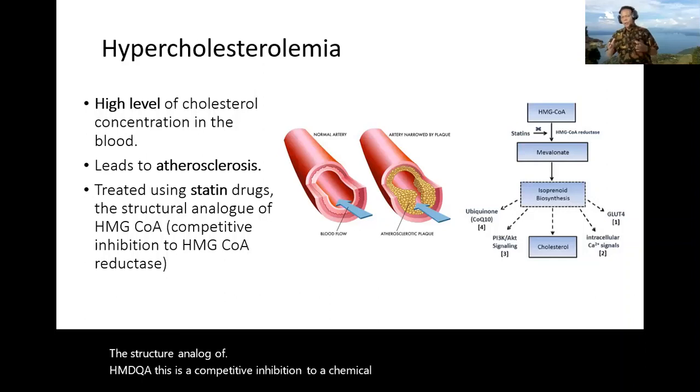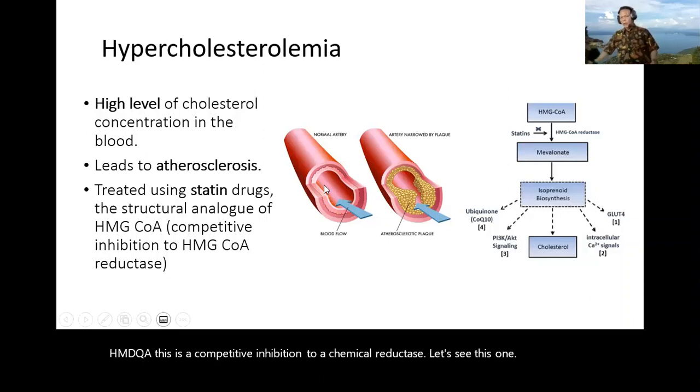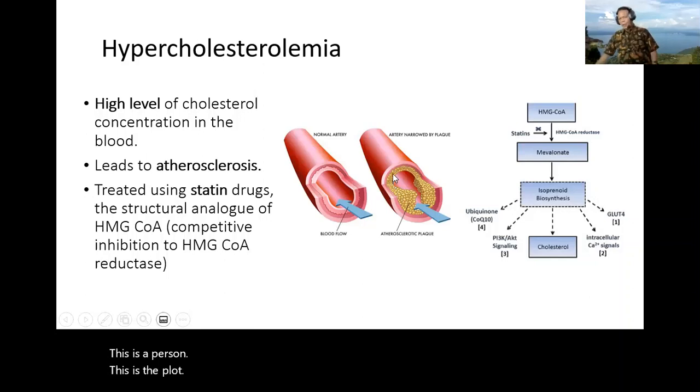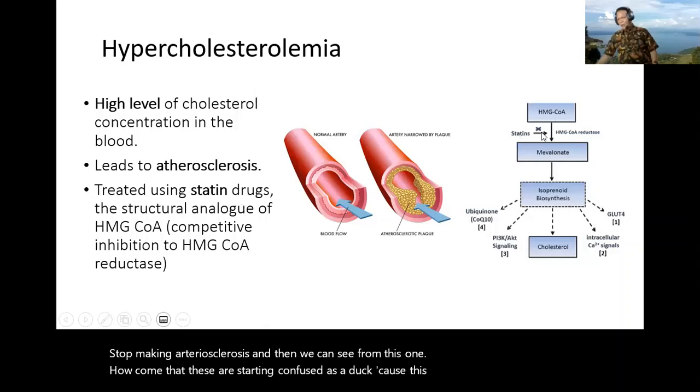Let's see this one. This is a vessel. This is the plaque. This is the problem of making arteriosclerosis. And then we can see from this one, how come this statin can be used as a drug? Because this statin will block this enzyme.